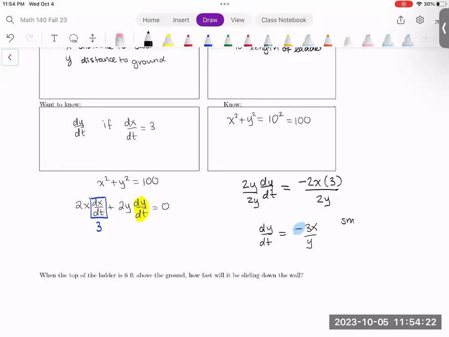So a smaller y means that the size of this fraction, 3x over y, gets bigger. And so as this ladder base slides out, the top of our ladder actually is going to speed up as it moves down the wall.